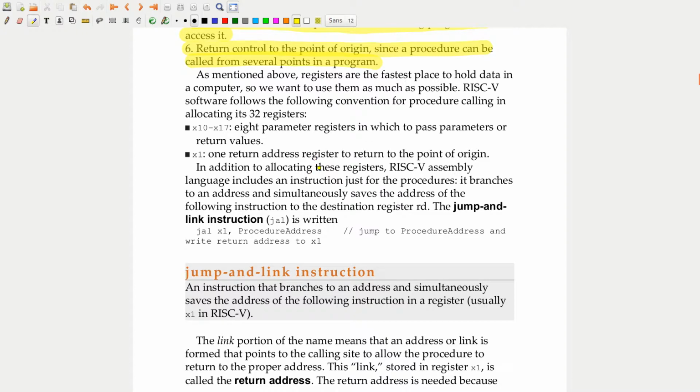Let's talk a little bit about the jump and link. In addition to allocating these registers, RISC-V assembly language includes an instruction just for procedures. It branches to an address and simultaneously saves the address of the following instruction to the destination register rd. This is a jump and link.